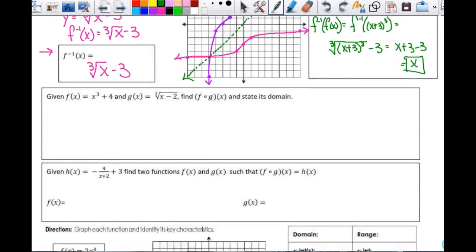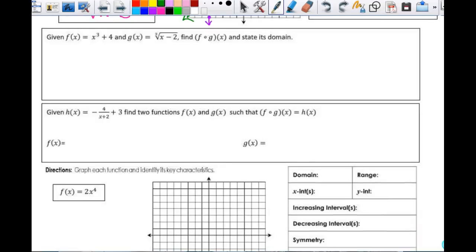All right, so next I'm given the f and g functions, and I want to find f of g of x and state its domain. And so I'm going to look at the domains of the original ones, because remember when you do this, it's the domain of g of x such that all those results live in the domain of f.